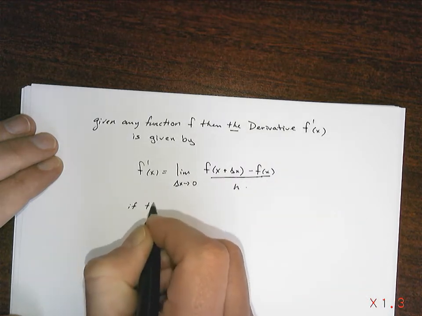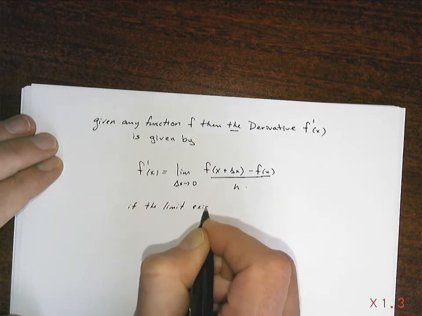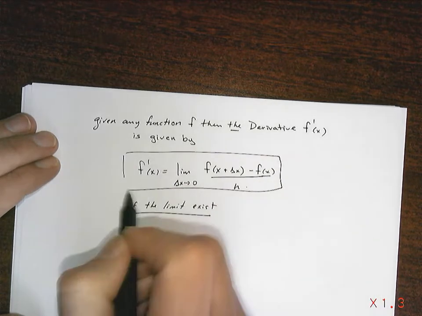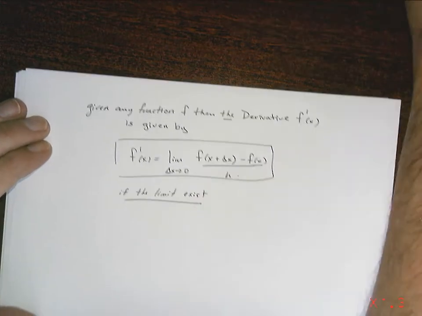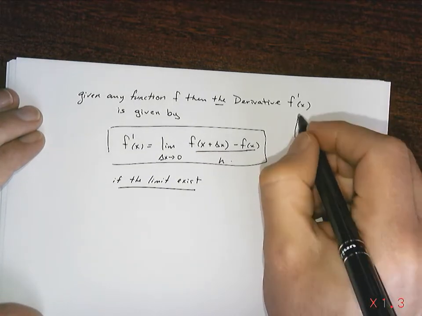So, if the limit exists, it's now time to talk about that statement. If the limit exists. Okay? It's now time to talk about this. And we do understand that this is a new function.